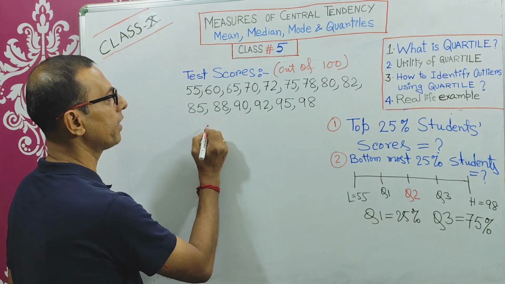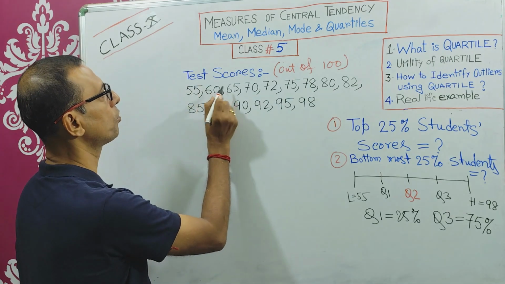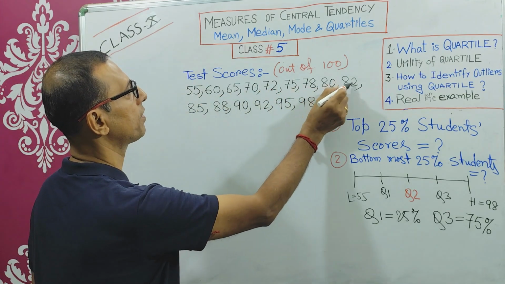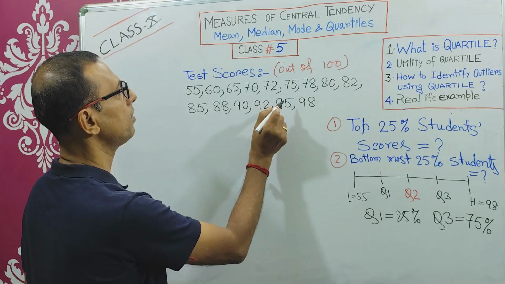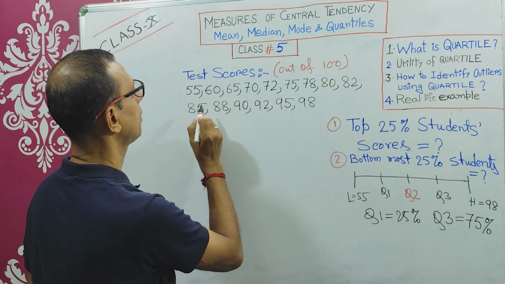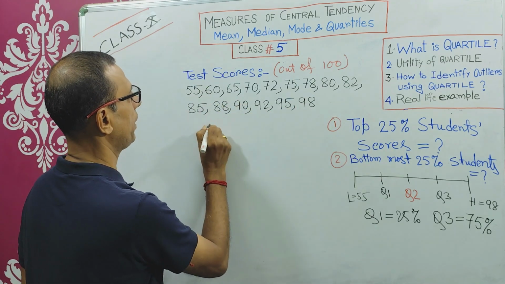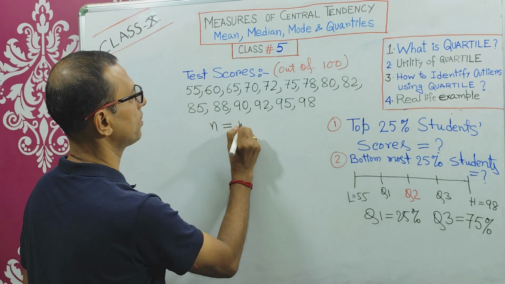So what is the number of scores given? 1, 2, 3, 4, 5, 6, 7, 8, 9, 10, 11, 12, 13, up to 15. So n, the total number of observations, is 15.